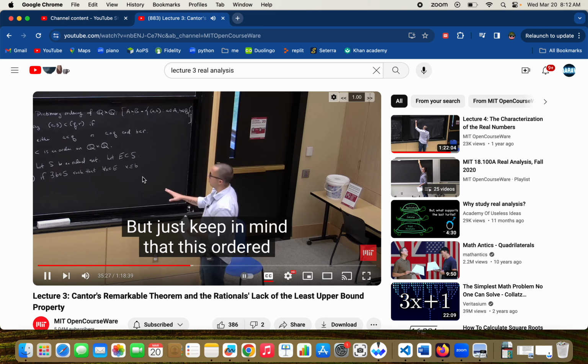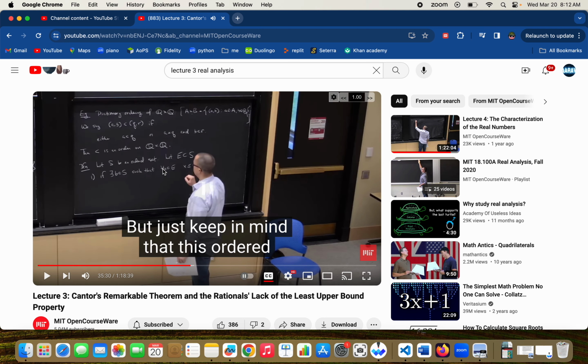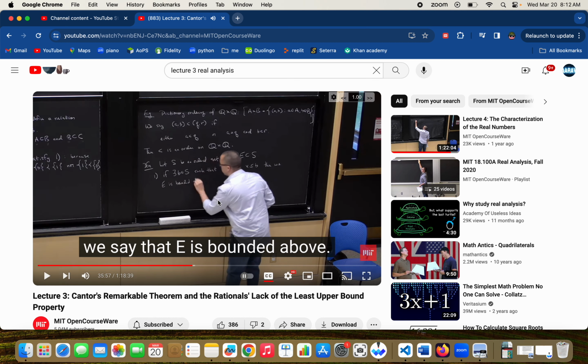But just keep in mind that if there exists a B in S such that x is less than or equal to B, then E is bounded above.